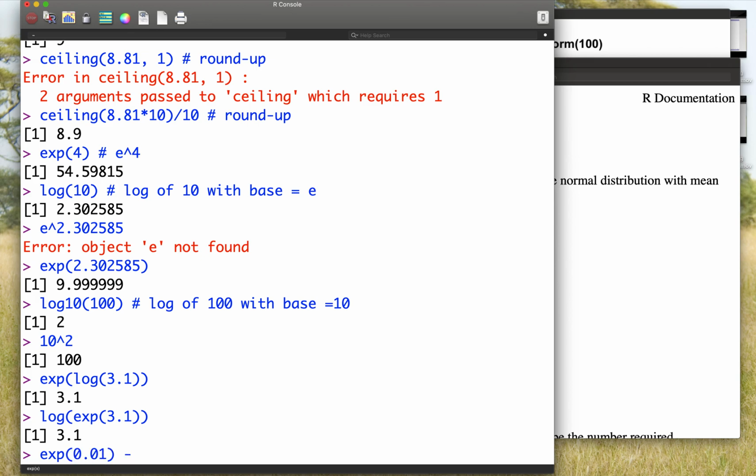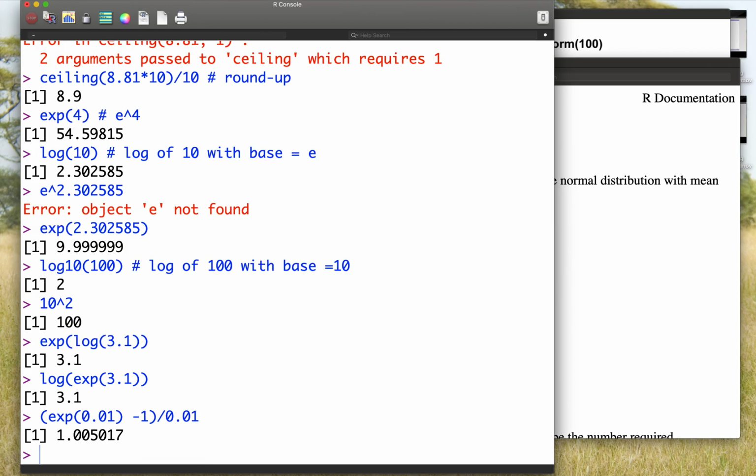For example, if you want to put exponential of 0.01 minus 1 on the numerator and 0.01 as the denominator, then you can calculate this. So this basically approximates the slope of the tangent line of y equals exponential of x at x equals 0.